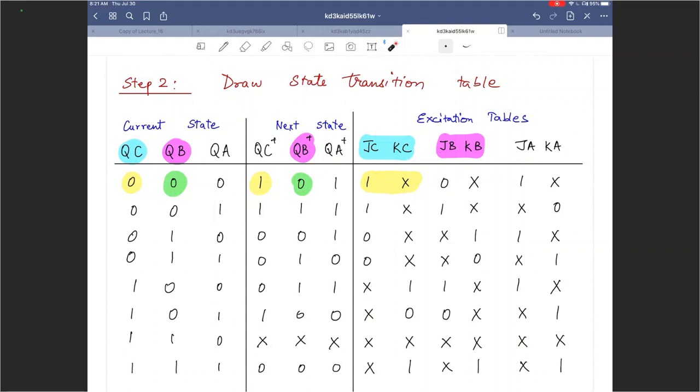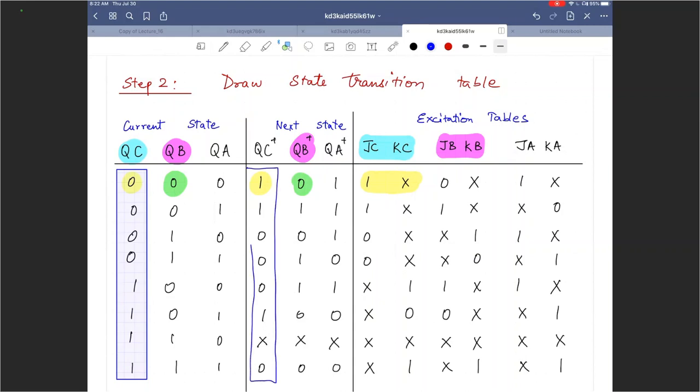And in a similar manner, let me box things up. Depending on QC and QC plus, the transitions between QC and QC plus, I can find out JC and KC.